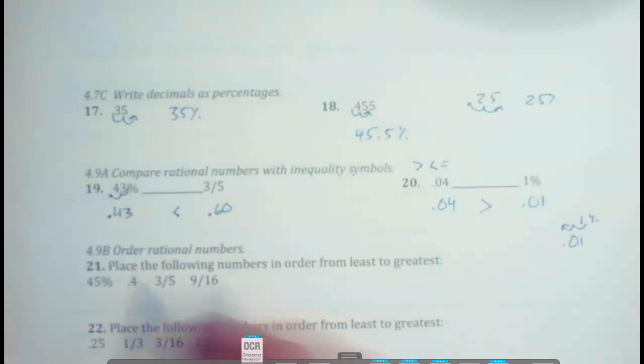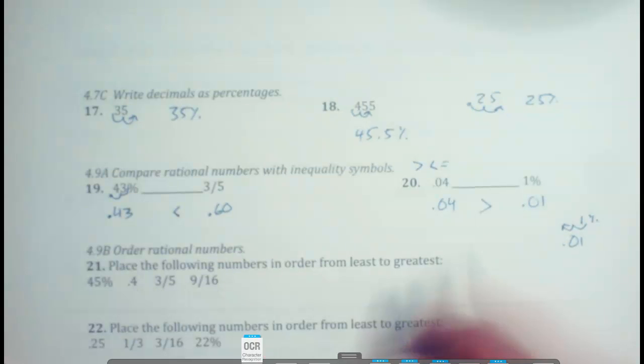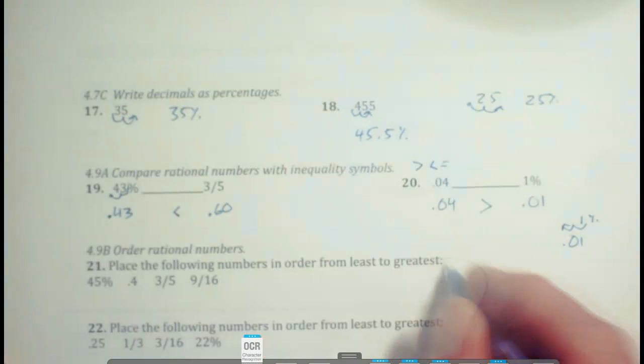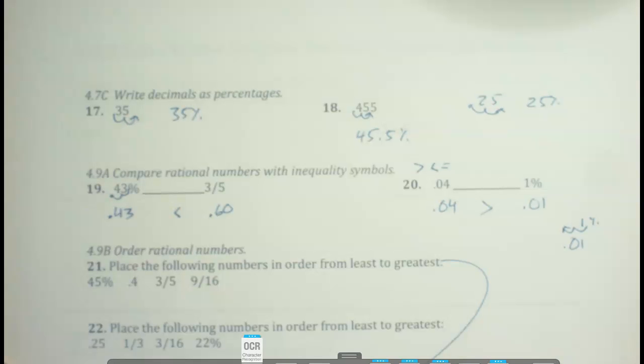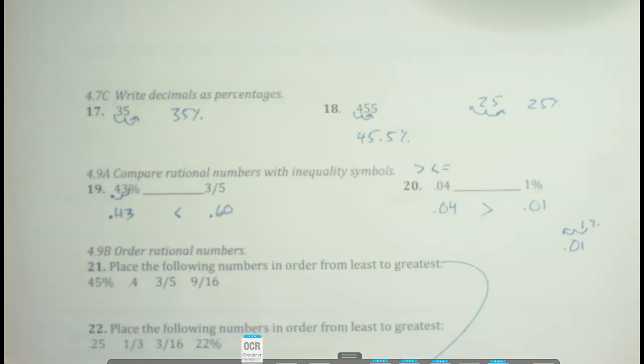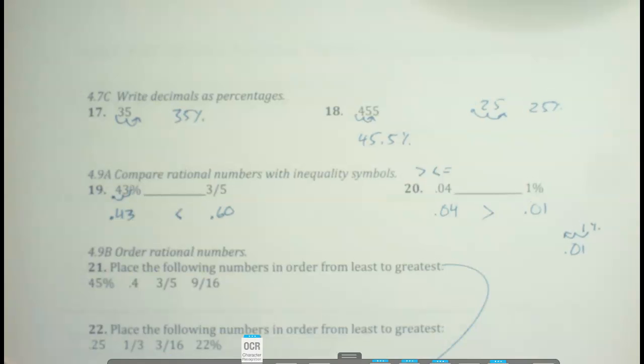Right, we have to place the following numbers in order from least to greatest. These are all rational numbers. So 45%, 0.4, 3/5, and 9/16. Okay, well, let's make them all into decimals first. So this is 0.45. This one's 0.4.